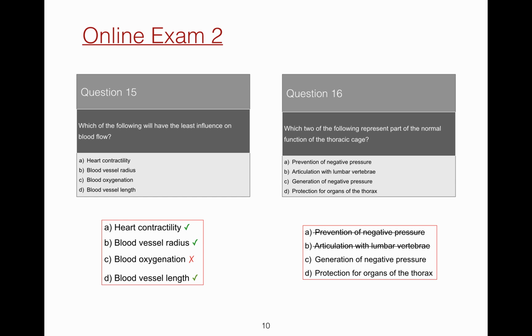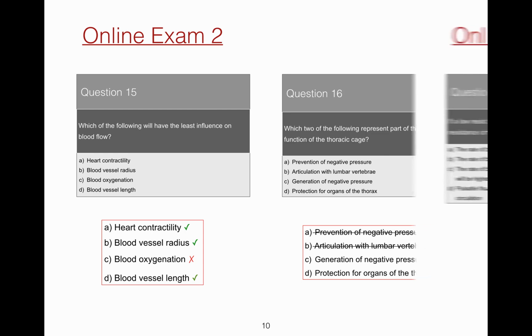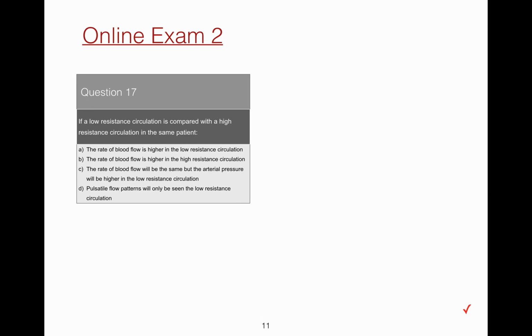The thoracic cage helps to generate negative pressure and to protect the organs of the thorax. Question 17. If a low resistance circulation is compared with a high resistance circulation in the same patient, the rate of blood flow is higher in the low resistance circulation.